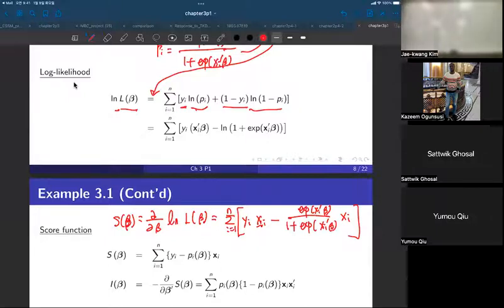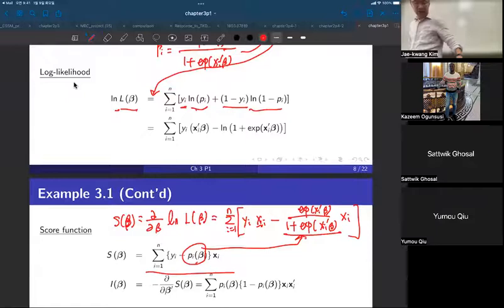We just take the partial derivative of this function, and you can see that this is actually pi_i.